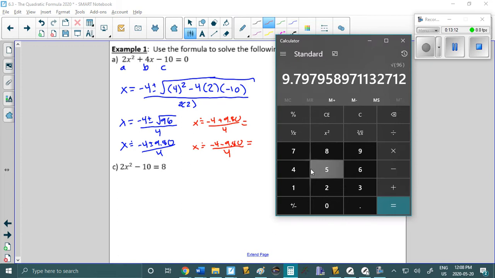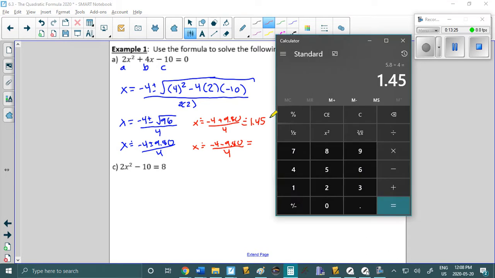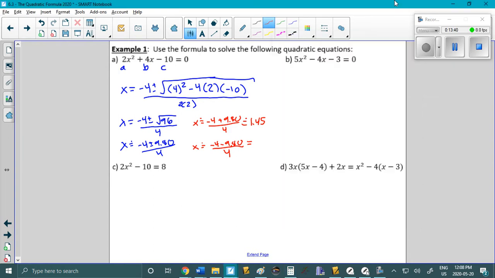Let's go back to the calculator. So we've got negative 4 plus 9.80 divided by 4. So we've got approximately 1.45. And then negative 4 minus 9.80, divided by 4, equals negative 3.45.